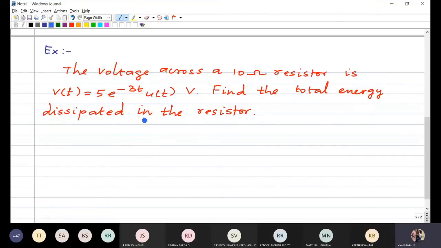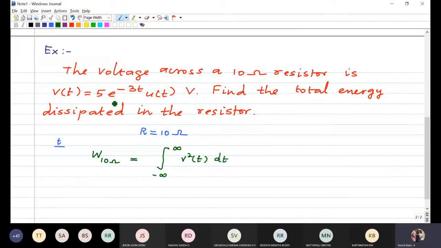In this question, if you notice, R is equal to 10 ohms. So first, let us solve this problem in the time domain. We know the energy dissipated across this 10 ohm resistor is the integral from minus infinity to plus infinity of v square of t dt.